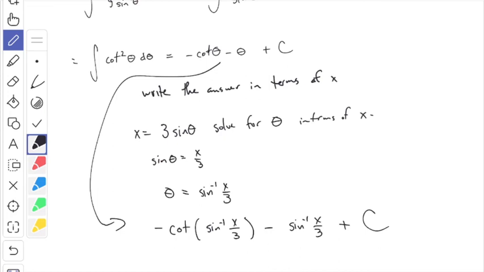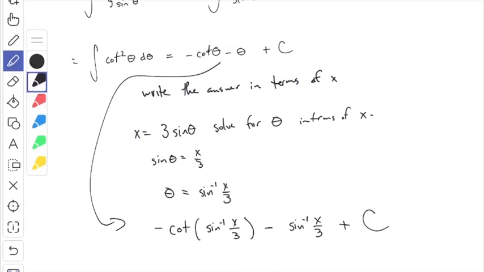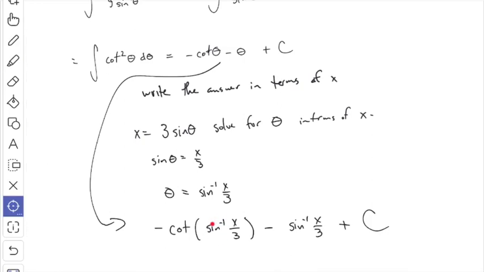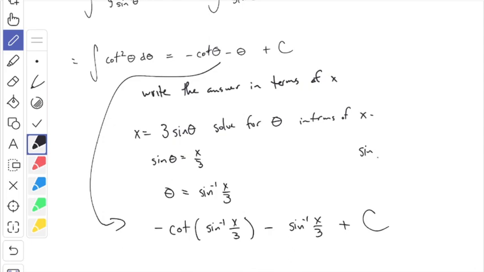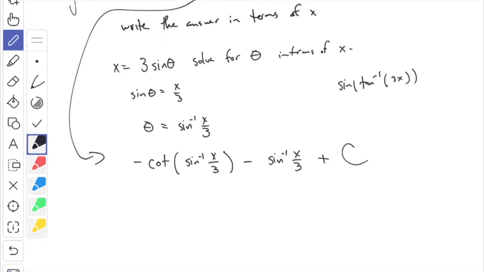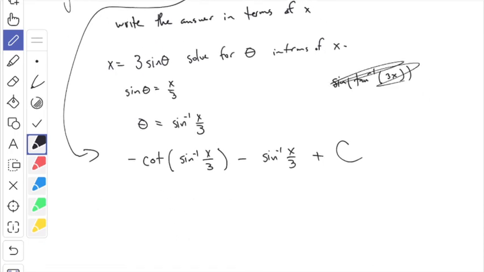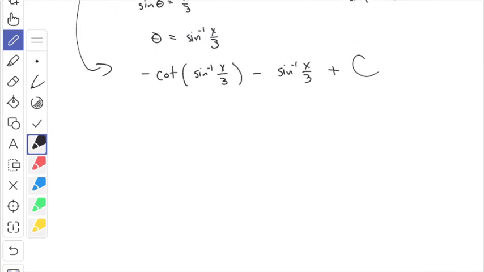And this is something we've done before. When you see an inverse trig function inside of an ordinary trig function, this can be simplified. Remember, we did that for things like, what is sine of inverse tan of 3x. That was just a made-up example. What is this? Cotan of inverse sine x over 3.